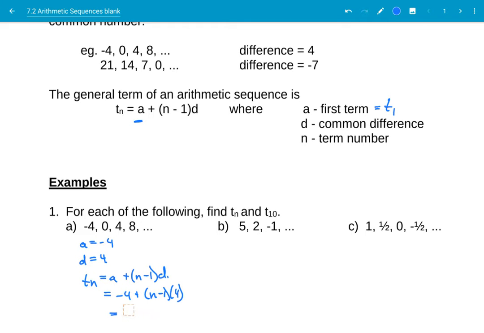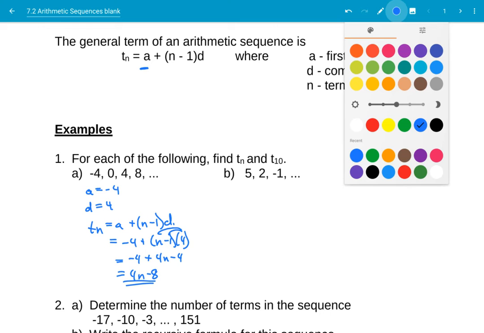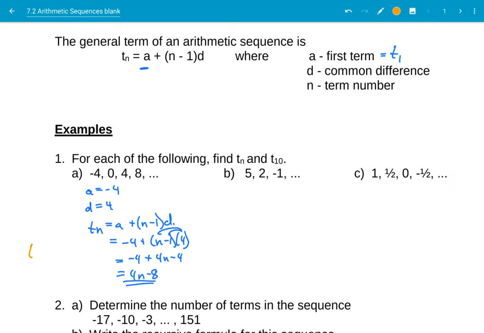I'll show a step. -4 plus 4n minus 4, we are distributing. So 4n minus 8. We still have to get T10. So T10 is equal to 4 times 10 minus 8, which is 32.